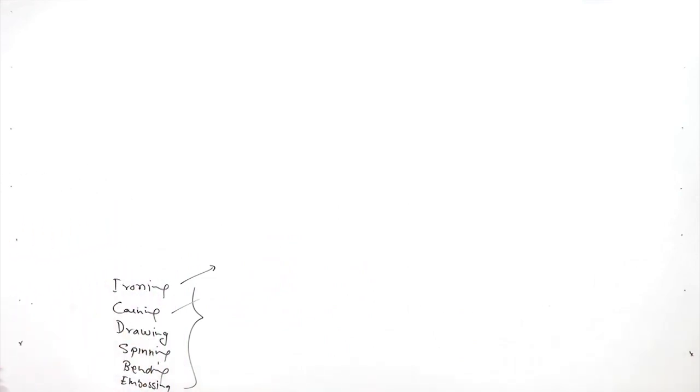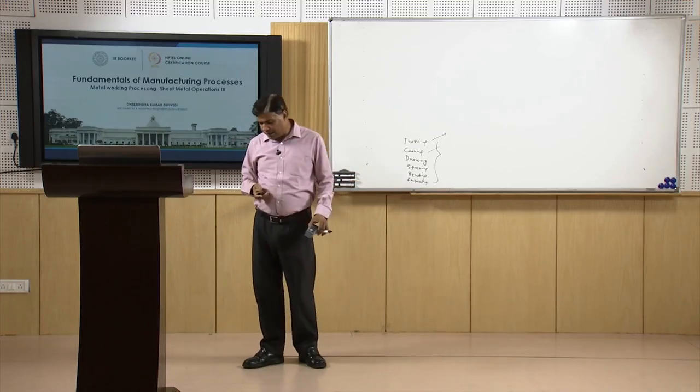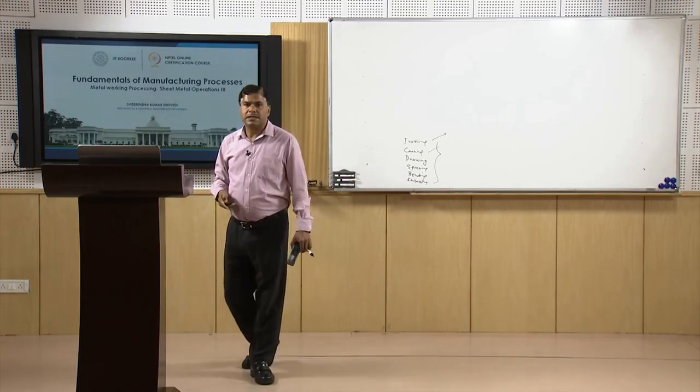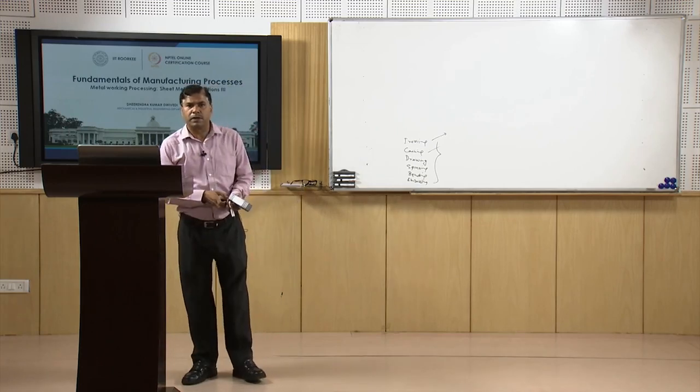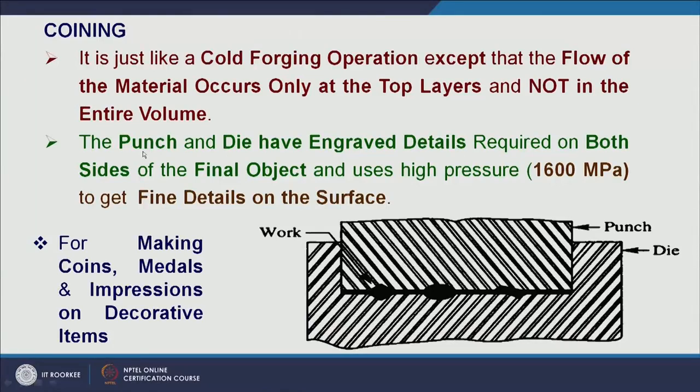Whenever there is plastic flow of the metal at the top layer, because of work hardening that zone will be strengthened and hardened by the strain hardening process. This is what we can see here. In coining, there is a punch and die with the desired details in the form of letters and figures engraved in the die as well as the punch.